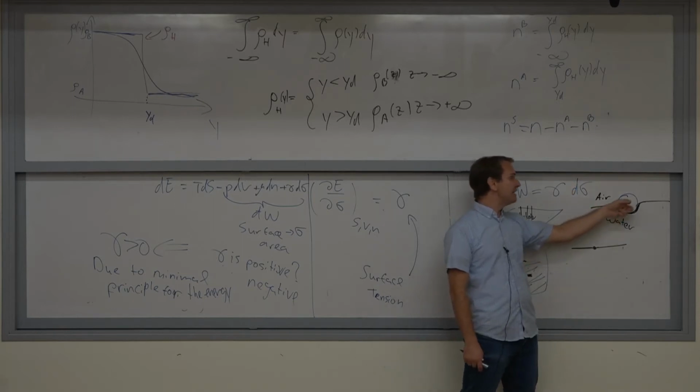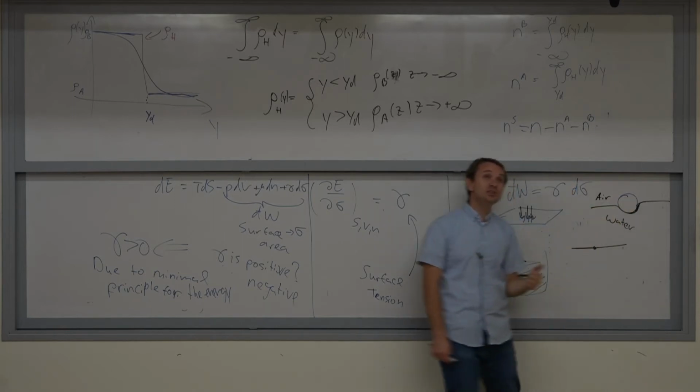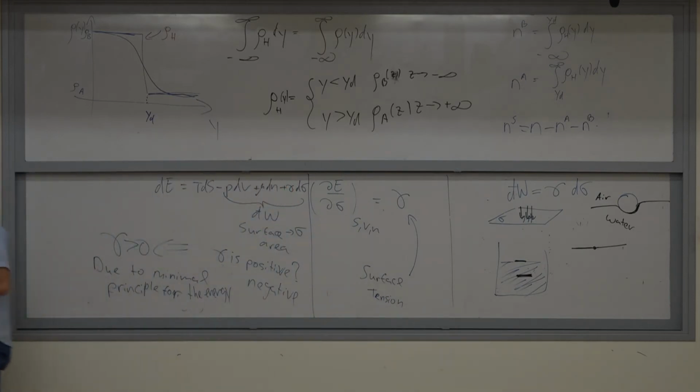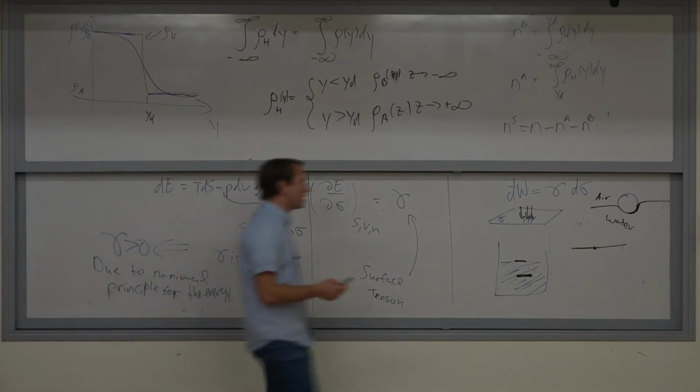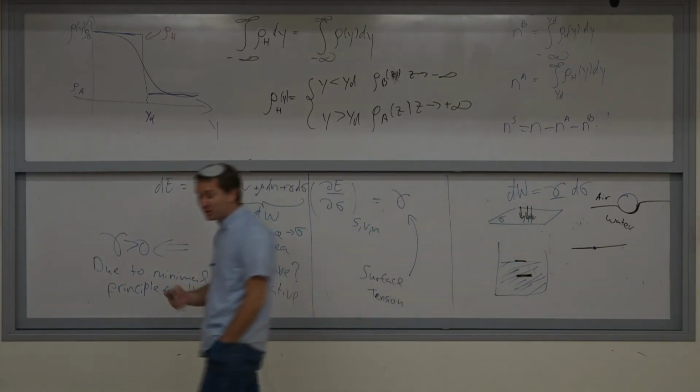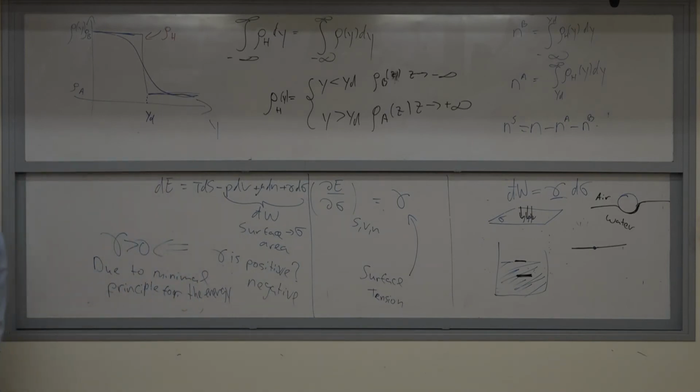And this is the additional force that acts on the needle and prevents it from sinking down. Alright, so we can think of gamma, this tension, as some sort of an effective force. It doesn't have the units of force, but from our perspective it's basically the same.